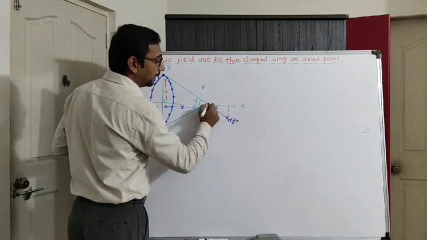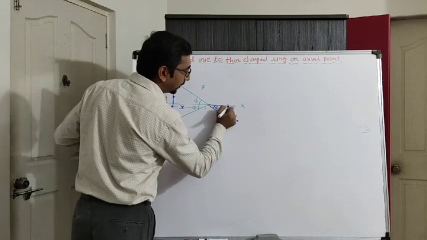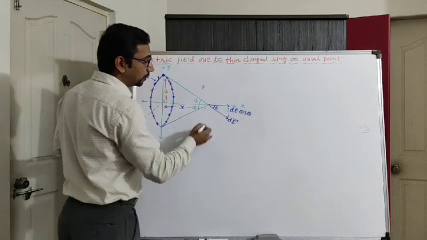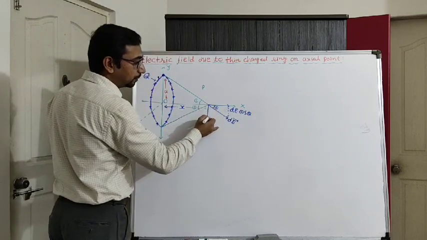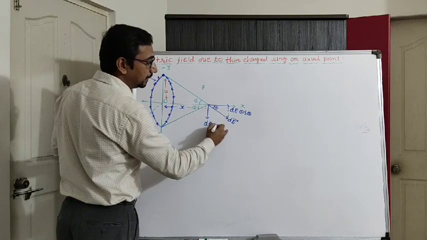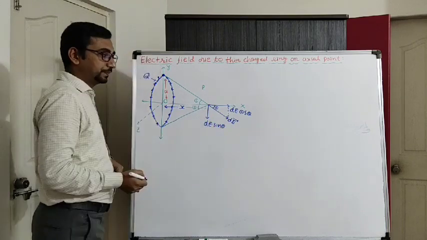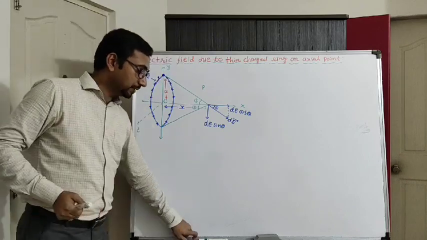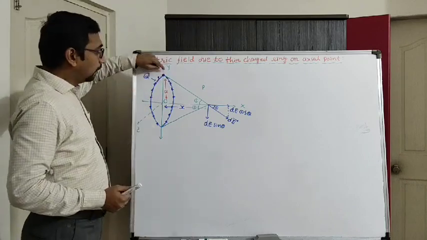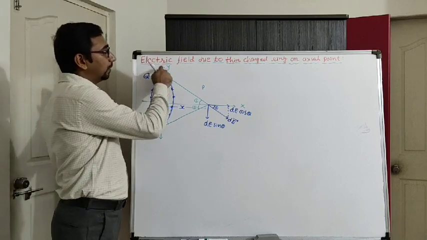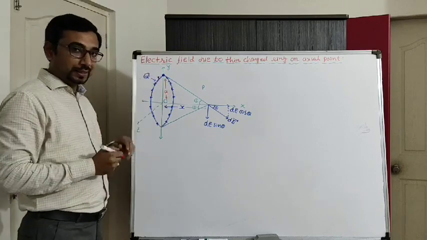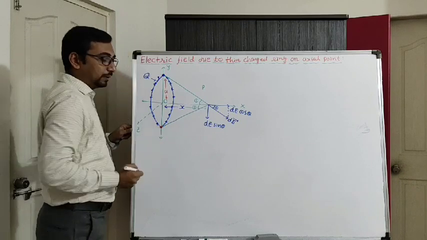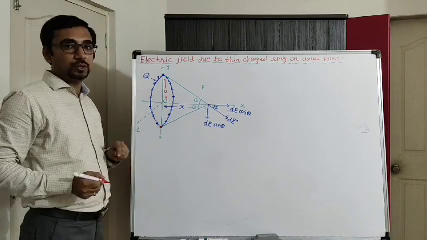That means we can divide this dE component into two segments. One is dE cos theta and another component will be dE sin theta. Now if we obtain small charge dq on the ring which is on positive y-axis, then similar type of component we can obtain on negative y-axis also.